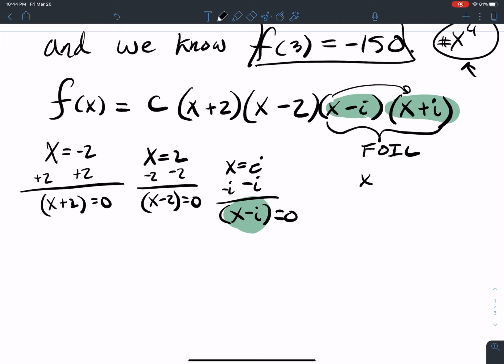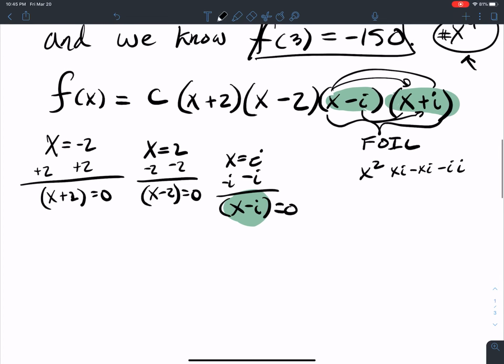x times x is x squared. x times i is xi. Negative x times i, that's negative xi. Negative i times i, that's negative i squared.